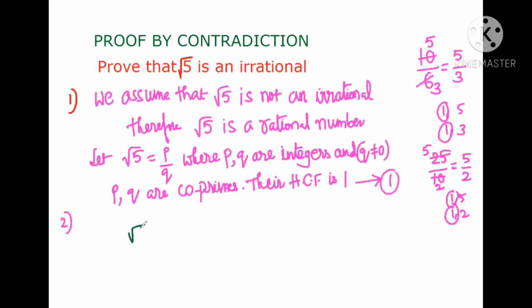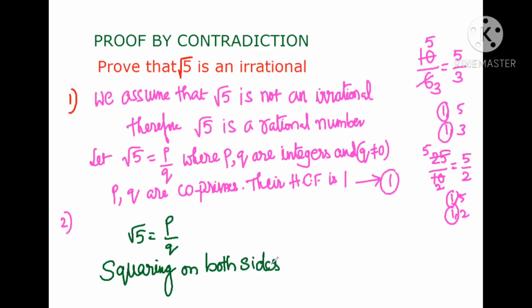Root 5 is equal to p by q. I'm squaring on both sides. Root 5 square is equal to p by q whole square.